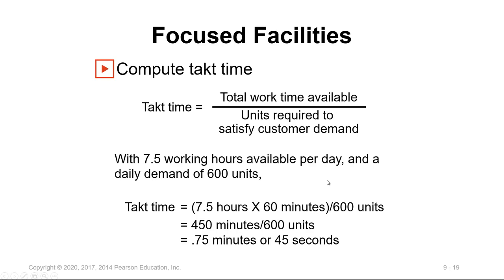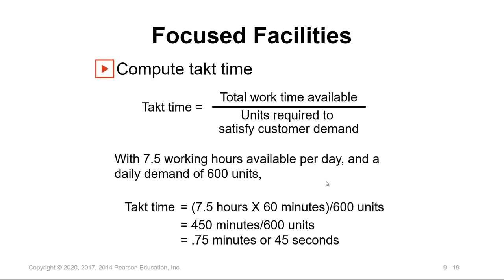The takt time is the total work time available divided by the number of units required to satisfy customer demand. Basically, we are trying to calculate the pace of production to meet customer demand.